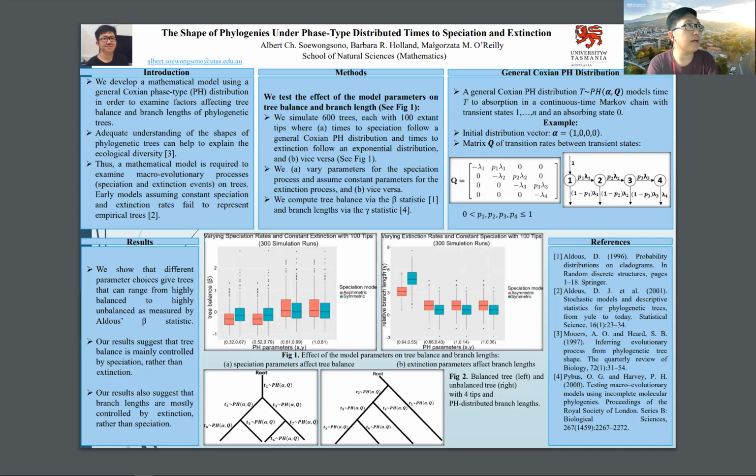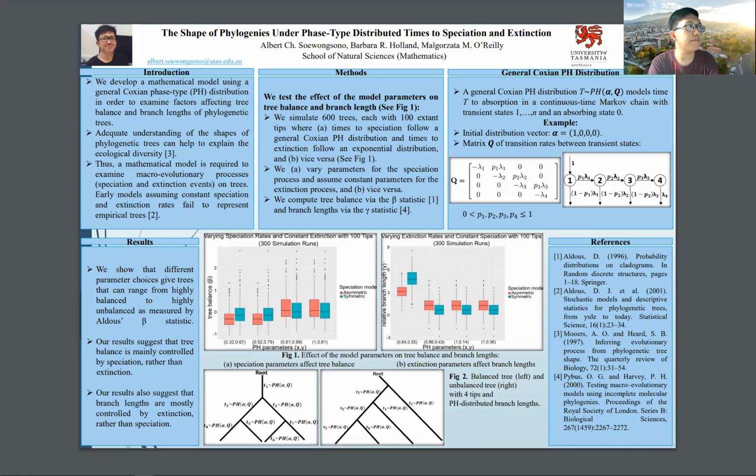So maybe let's start by talking a little bit about the phase-type distribution. A phase-type distribution models the time until you reach the absorbing state in a continuous-time Markov chain. You have n transient states and an absorbing state, and it is defined by two parameters. Your alpha parameter records the initial probability of starting in any one of the transient states, but for the Coxian one, you are only allowed to start from the first state.